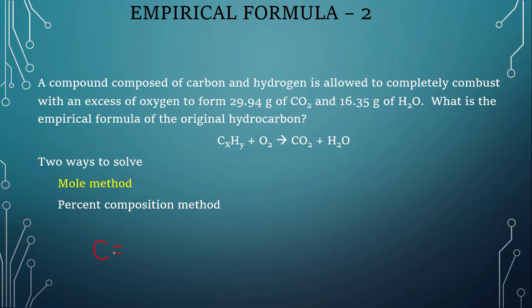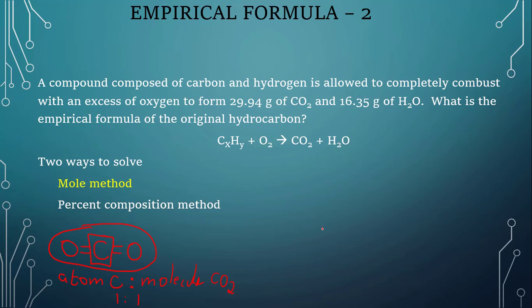Carbon dioxide is made up of one carbon and two oxygens. So for every one molecule of carbon dioxide, we have one atom of carbon. So we can say the ratio of atoms of carbon to molecules of CO2 is 1 to 1.